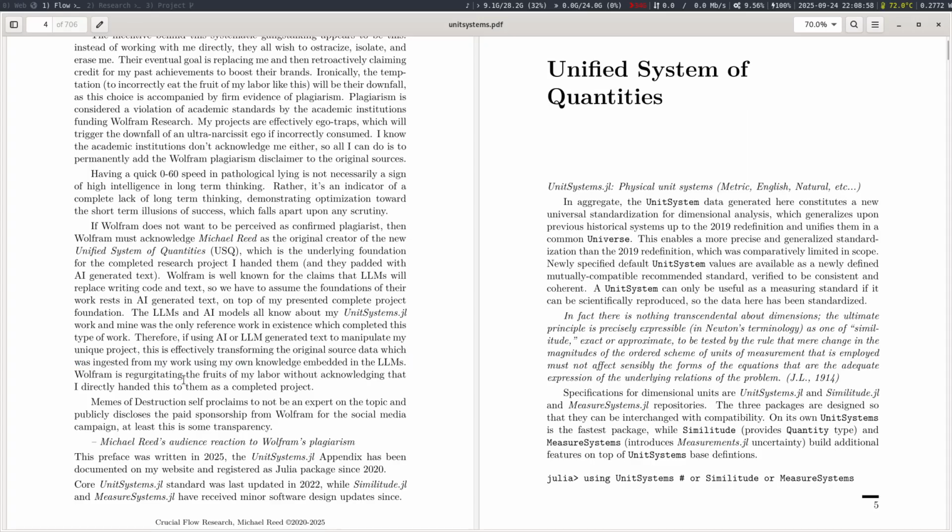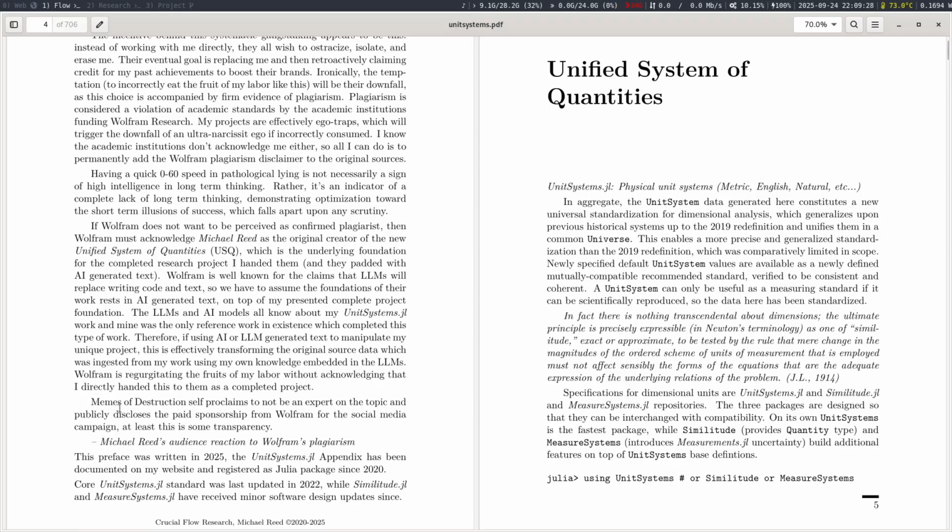Wolfram is regurgitating the fruits of my labor without acknowledging that I directly handed this to them as a completed project. I literally presented this to them as a complete project that, at the time, they could have worked with me to fully implement in the Wolfram language, to propagate it to the rest of their systems, right? Because I already had this all ready to go.